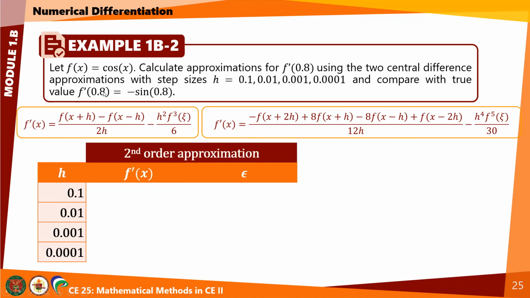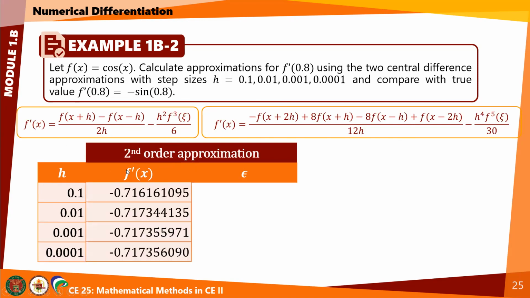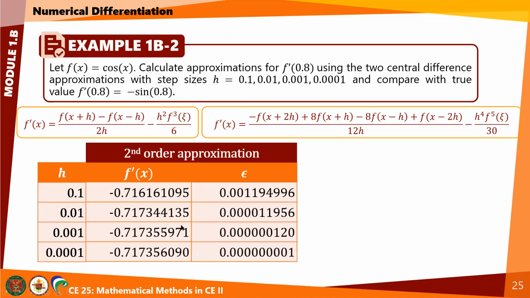Now, substituting here, we get these values. Note lang ha, kung itatry nyo ito, note na yung x is in radians, no? Hindi in degrees. That is in radians. So just take note of it. Ganun yung convention natin if nasa math tayo. Okay? And the error is this.